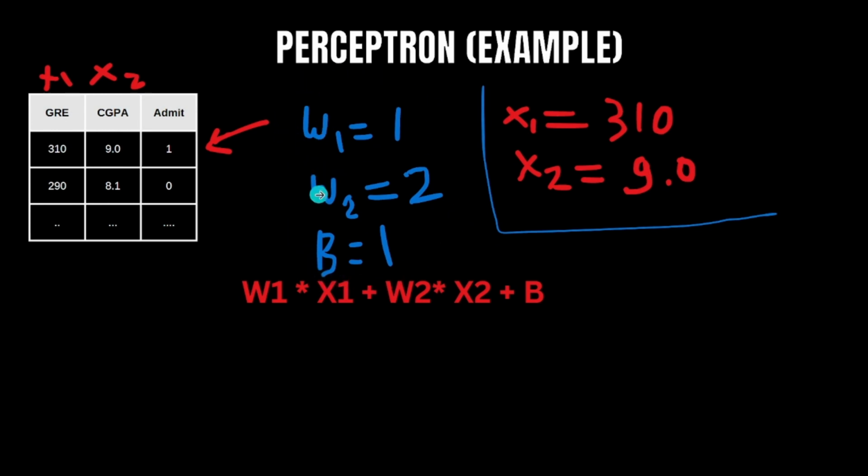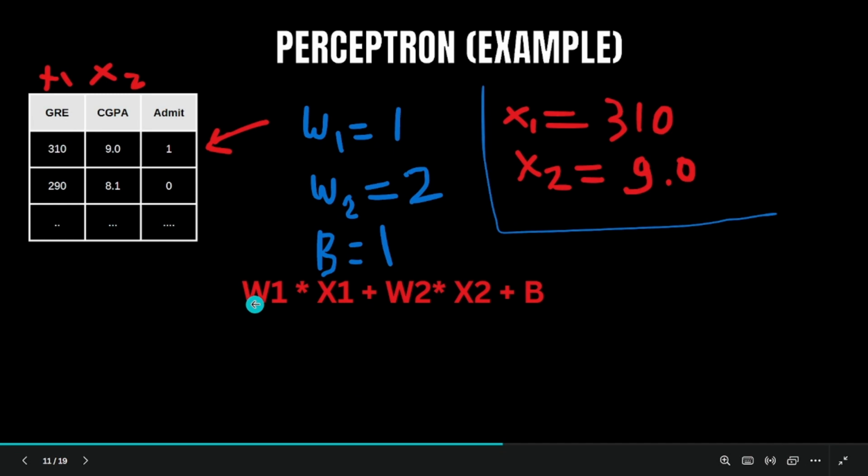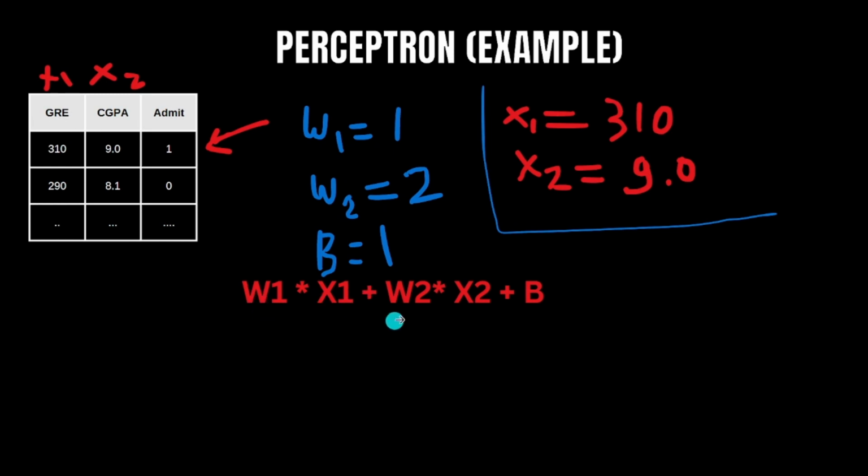So this is W1, this is W2, and as I said earlier, we set bias to 1. We multiply W1 with x1, W2 with x2, and we sum all these things together. So let's do that math.